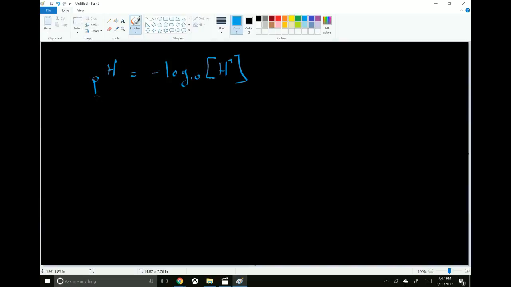First off, the lowercase p here basically is telling us negative log of whatever comes afterward. And then the capital H means hydronium ions. The reason it is negative is because the concentration of H+ is usually less than 1 molar.